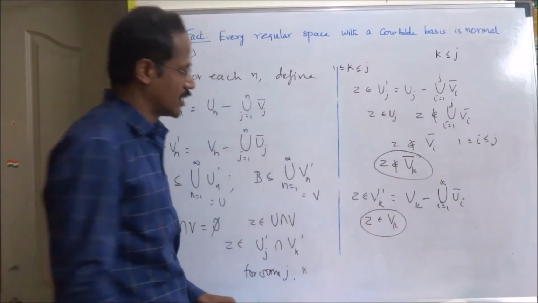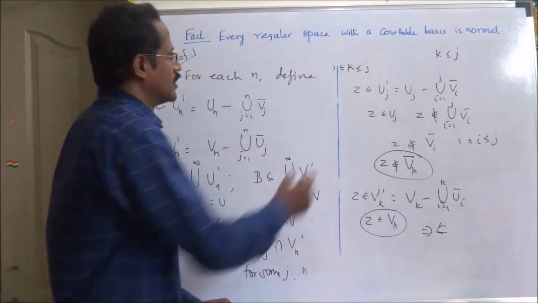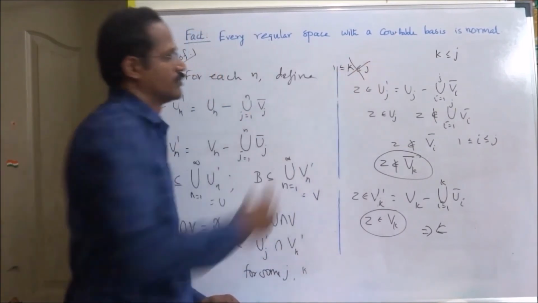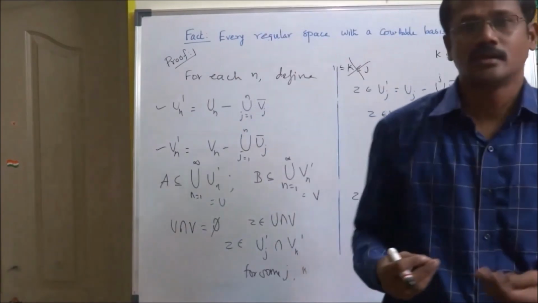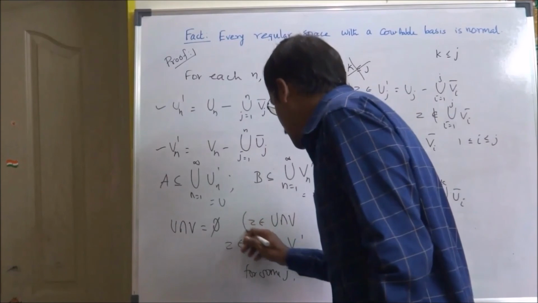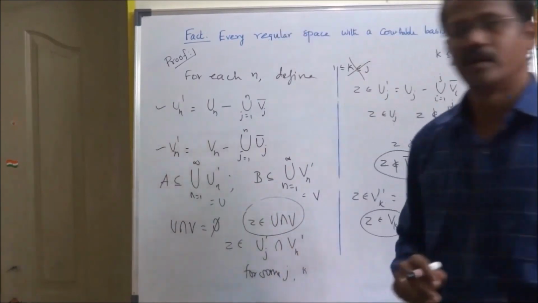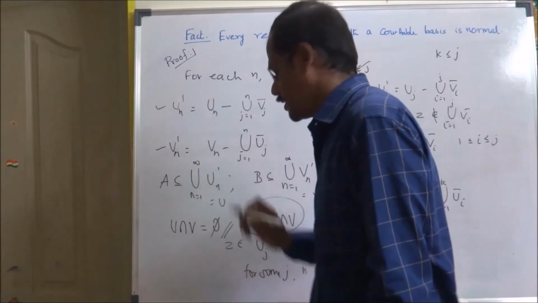Both will give the contradiction. So we get a contradiction. Therefore, this case is not true. But these two are the only possible cases. So in each case you arrive at a contradiction. Therefore, your assumption that there is a common point between U and V is wrong. Therefore, U intersection V is empty.